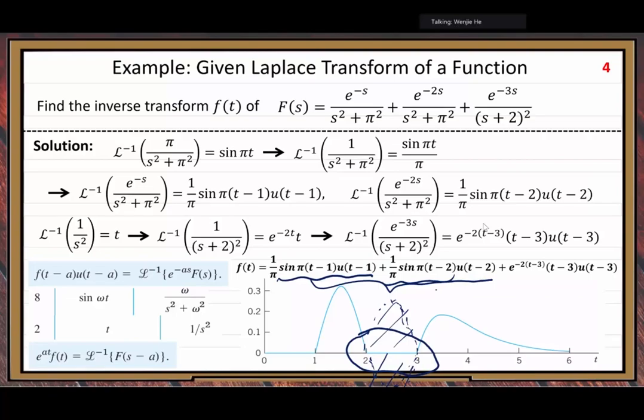So that's why after 3, the graph of this part only comes from the third term. That's how we understand this graph. Okay, all right?